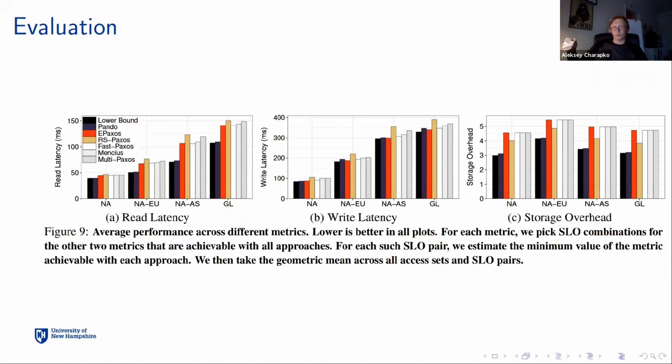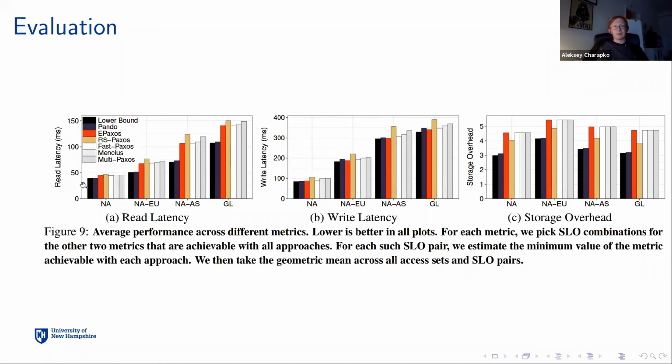If you want super fast writes, then the reads are going to be slower. If you want fast reads, then the writes are going to be slower. And if you try to find a balance between the read and write, then you may have a higher storage overhead. So a lot of the evaluation concerns finding these trade-offs, which you can look at in the paper.